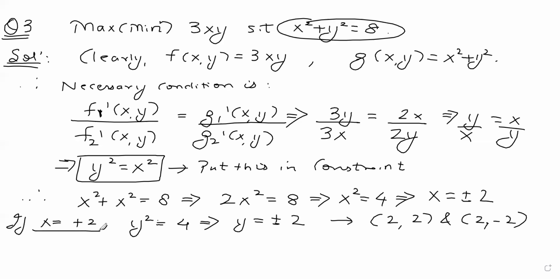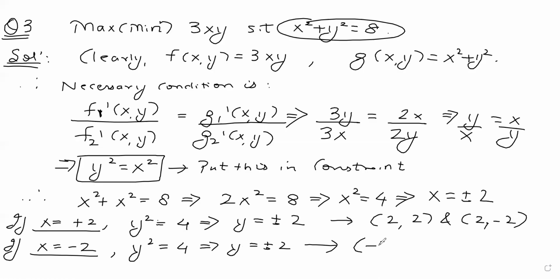Because x is plus 2, for x equal to plus 2 you get y as plus minus 2. Okay, and another case is if x is equal to minus 2, in this case also my y square will be 4, which implies y will be plus minus 2. So my possible solutions are minus 2 comma 2 and minus 2 comma minus 2. Okay, now we have got all the points. We need to just plug them in the function.